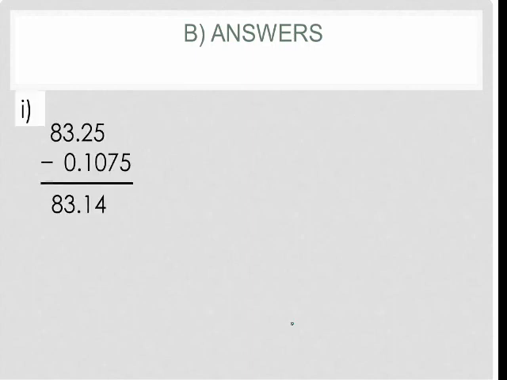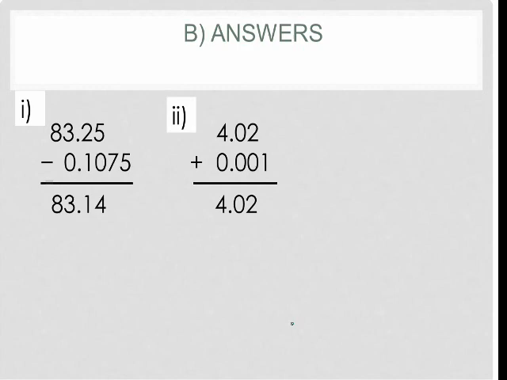Our answers, you should have had 83.14 for the first one, and you should have had 4.02. So this is an interesting case. Even though we added 0.001, it's still the same, because that's as specific as we can get.